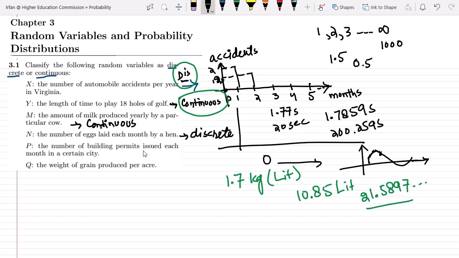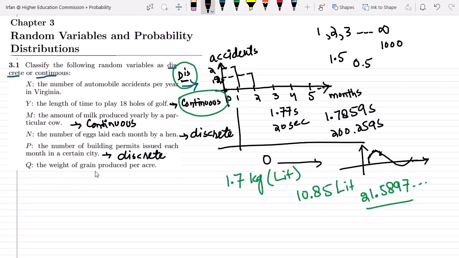The number of permits will also be composed of discrete values. It cannot be 1.5, 1.7, 2.7, 2.8, 3.8 or any values with decimal points, but it will be a whole number. So this is again a discrete value, as mentioned before.